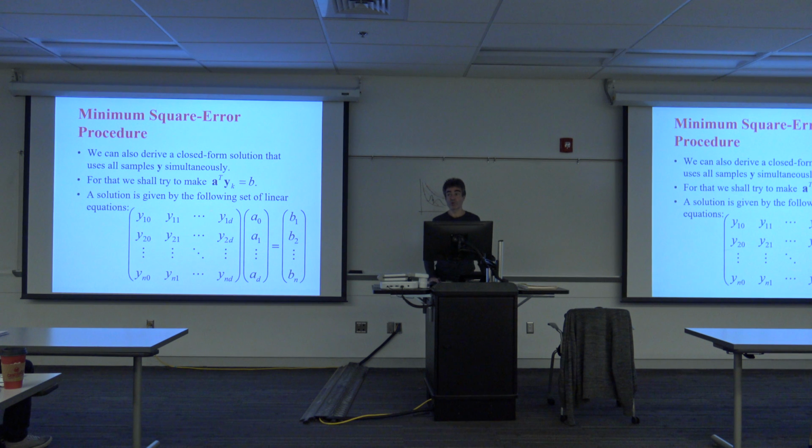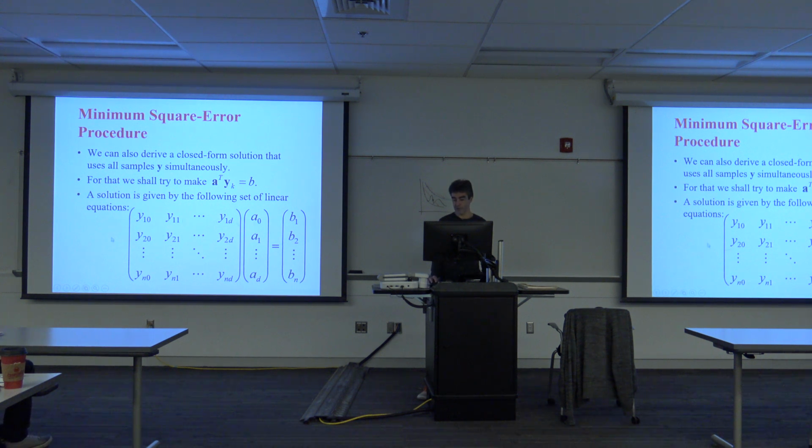All right, more extensions to that perceptron idea. One is another idea that we have already introduced before, which is called the minimum square error, or MSE. Remember when we introduced MSE? What this allows you is to find a closed form solution like this.